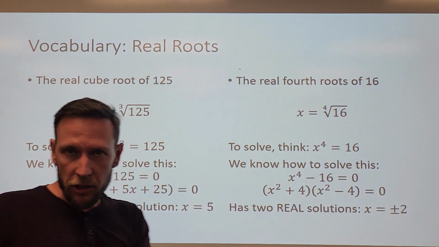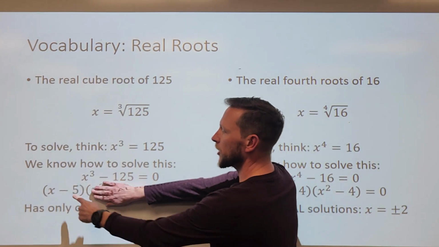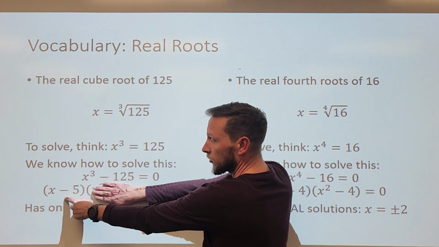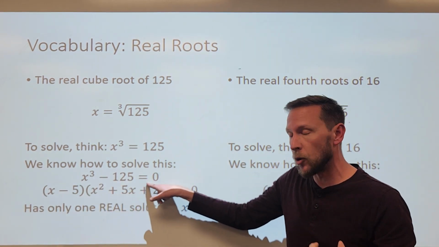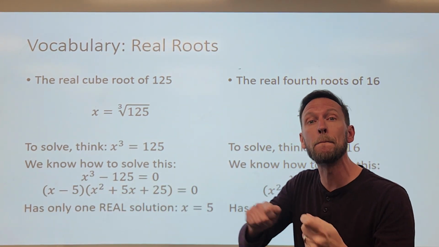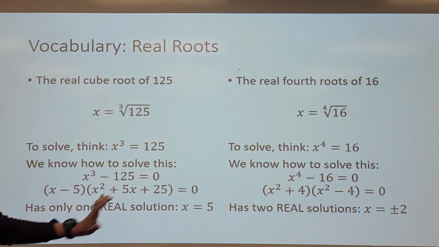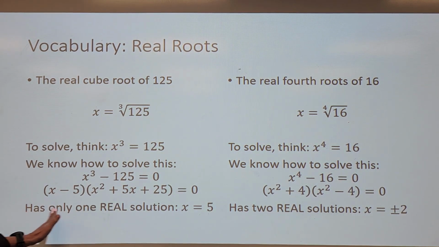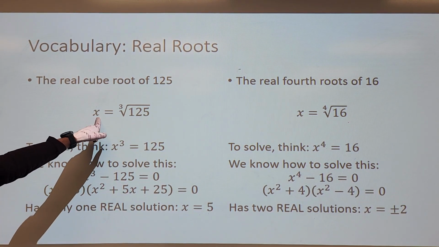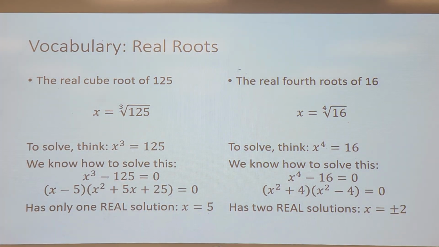When we worked questions like this back in Unit 3, we knew that there was a real solution here: x minus 5 equals 0 when x equals 5. But for the quadratic component, we always saw that it gave imaginary answers. Those other two zeros were imaginary. So there's only one real root. The cube root of 125 is just 5. There's not multiple answers there.